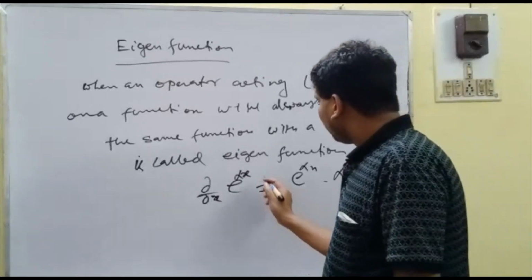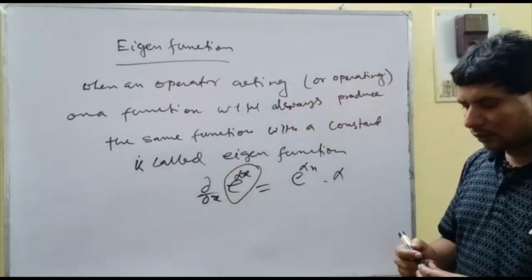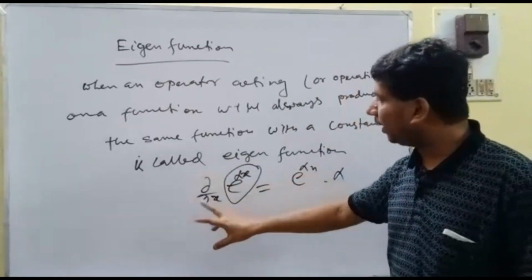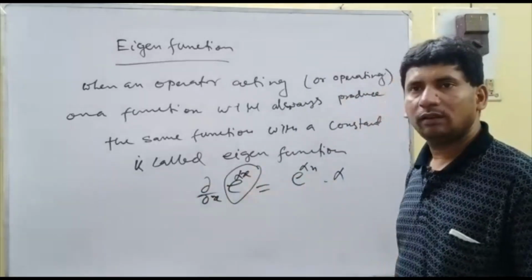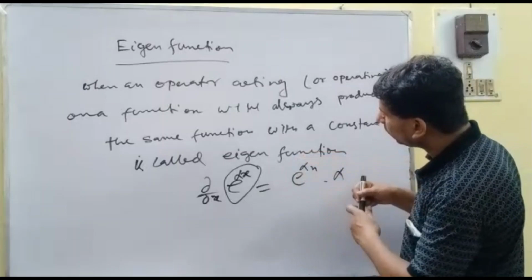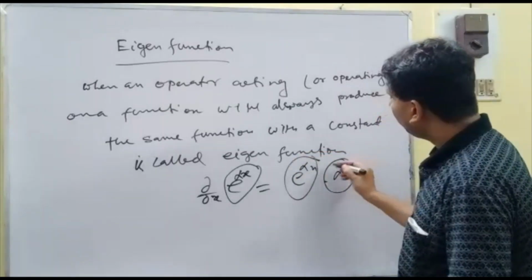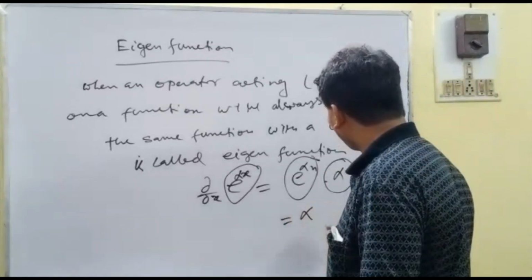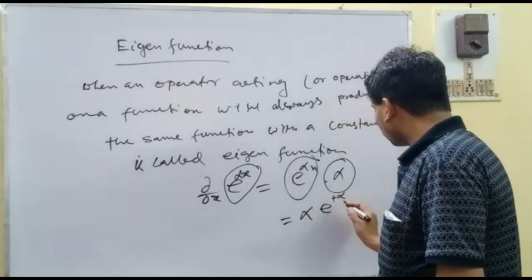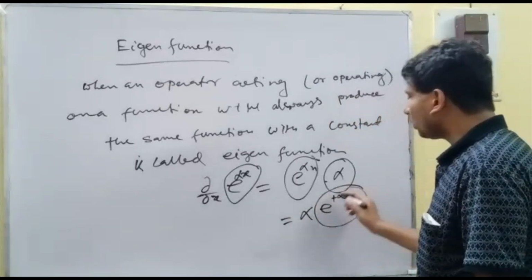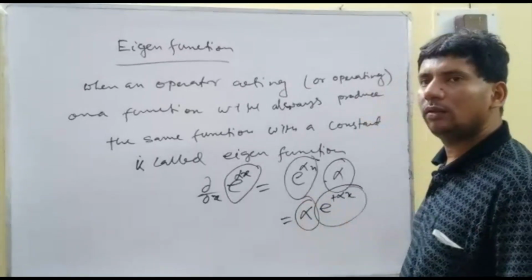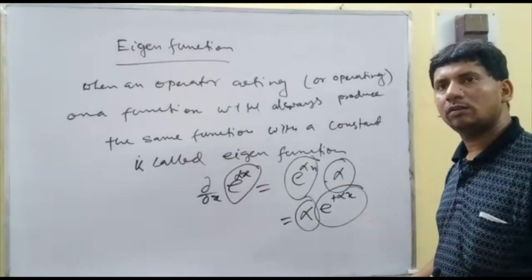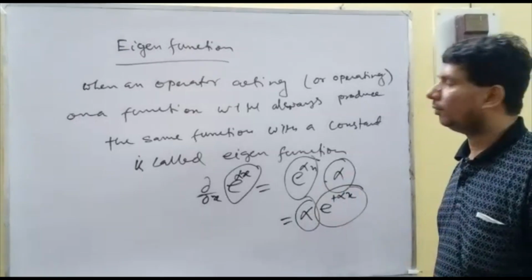So after operating by del x on this function, it gives the same function with a constant value: alpha e to the power alpha x. For this reason, e to the power alpha x is an eigenfunction with eigenvalue alpha.